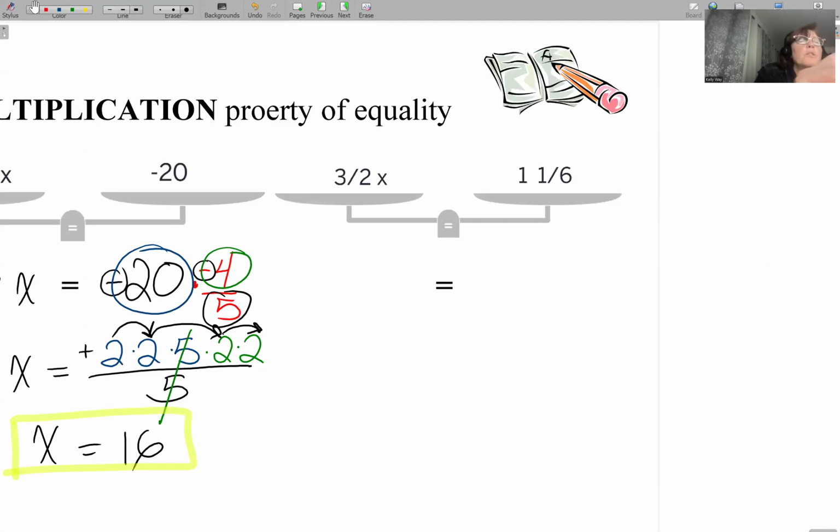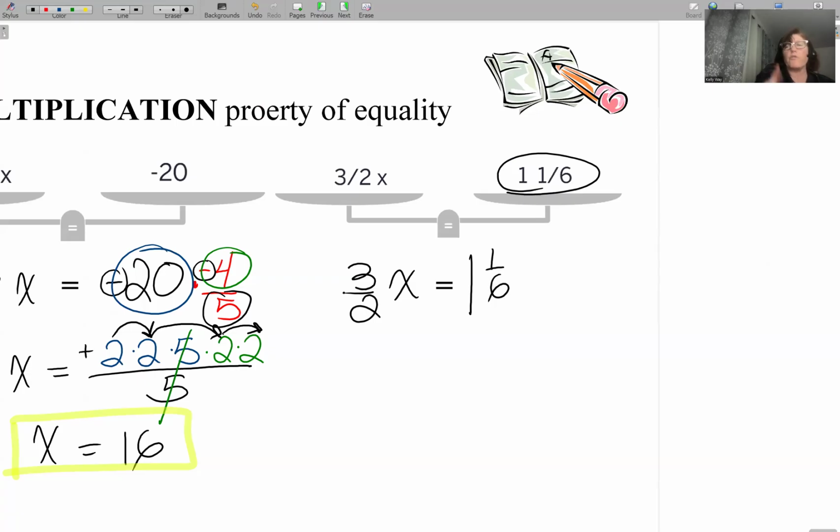This last one, you can see you have a 3 over 2x, and we have 1 and 1/6. Your first order of business is to change this to an improper fraction. So 6 times 1 is 6, plus 1.